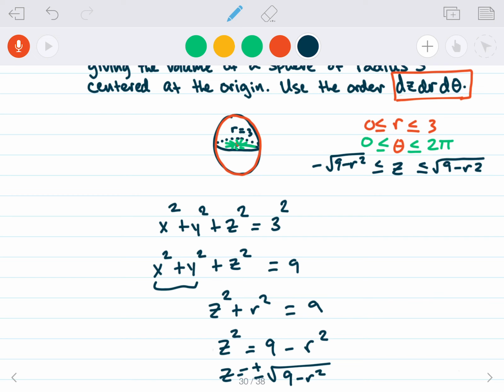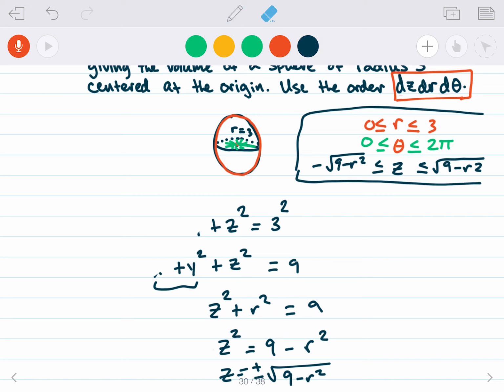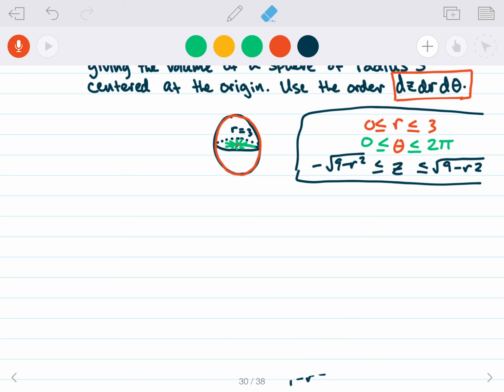Using these bounds, it doesn't say to evaluate the integral, but I'm going to do it anyway so we can have some practice. We want to use the order of integration dz, dr, d theta. So we have our triple integral, and theta is the last thing we integrate with respect to, so I'll put that on the outside, going from 0 to 2 pi.